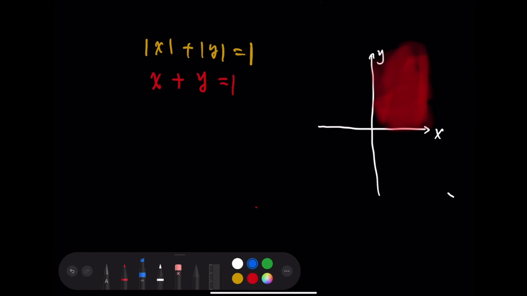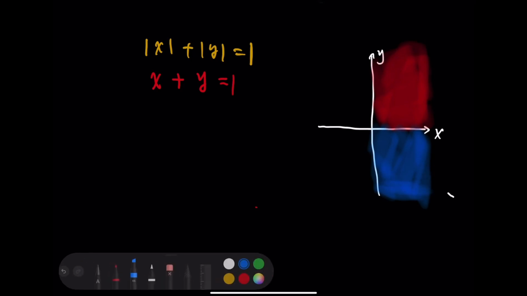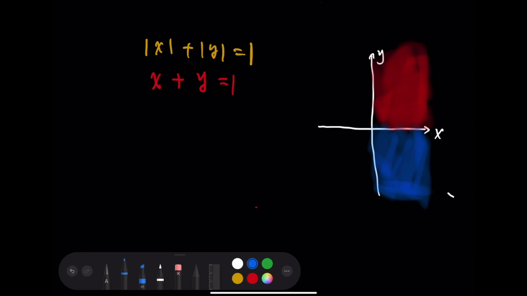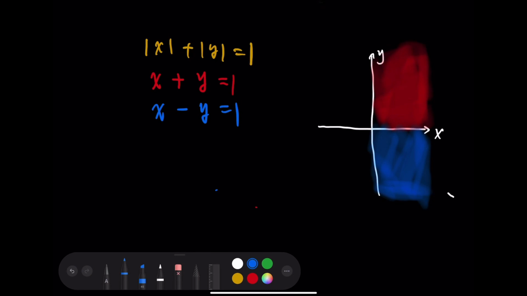When x is positive, y is negative. So they're going to be in this section here. So then my piece will become x positive, still positive x, y negative is going to be negative y equals 1. So that's the second piece.